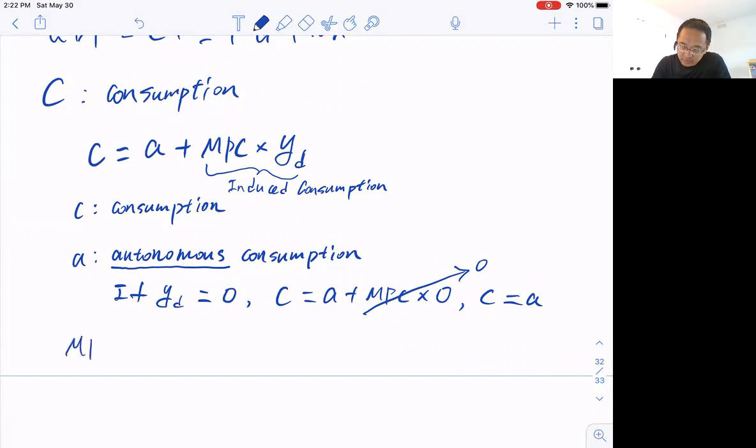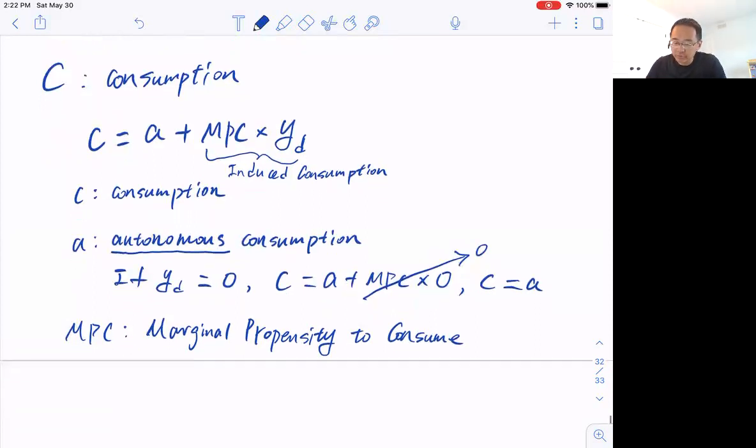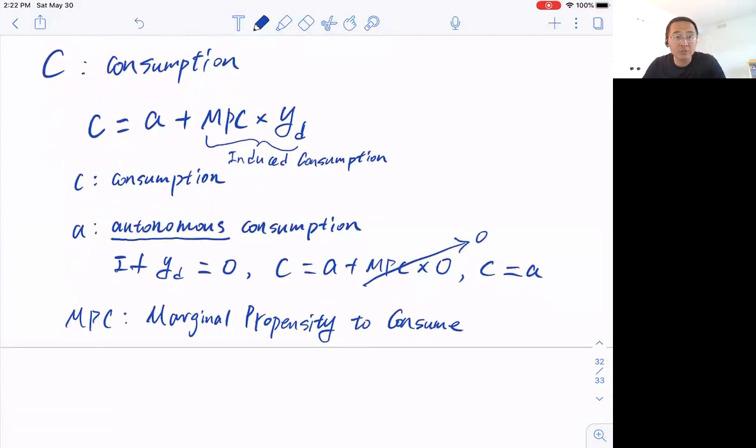So MPC here stands for marginal propensity to consume. Marginal propensity to consume means the proportion of your additional income that you spend on consumption.